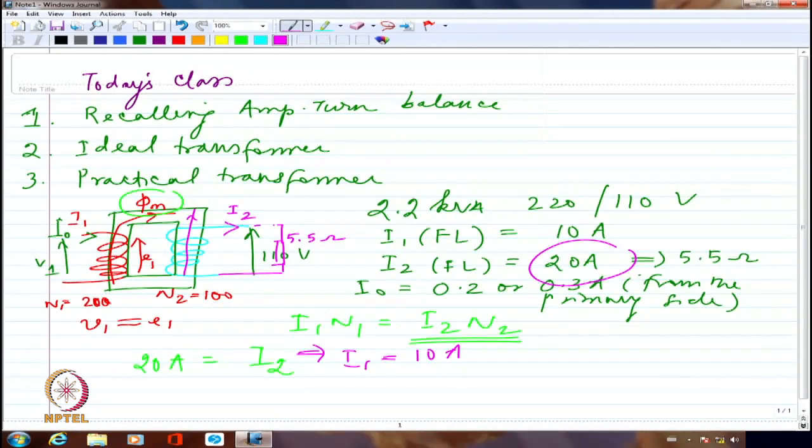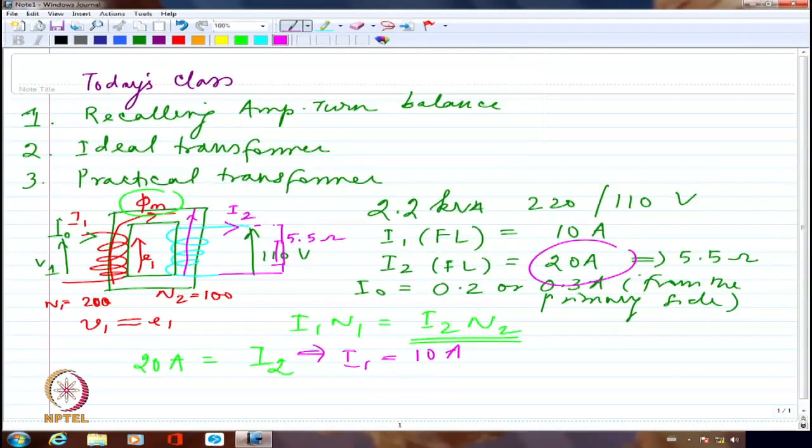So definitely it will not be even 10.2 or 10.3. It will be 10 square plus 0.2 square along with their own power factor angles and so forth. That is what will be the total current.